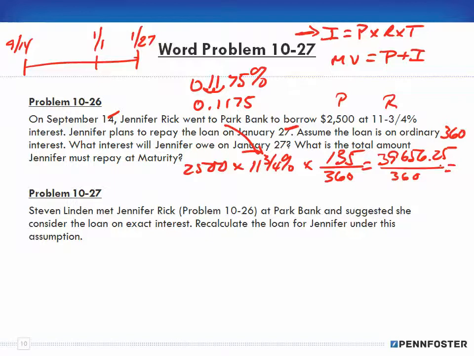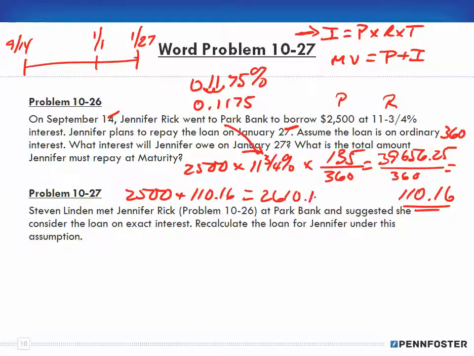When we divide by 360, we end up with interest of 110.156. I'm rounding up because of the 6, so $110.16 is my interest. To get my maturity value, I add my principal of $2,500 plus my interest of $110.16, and I end up with a maturity value of $2,610.16.